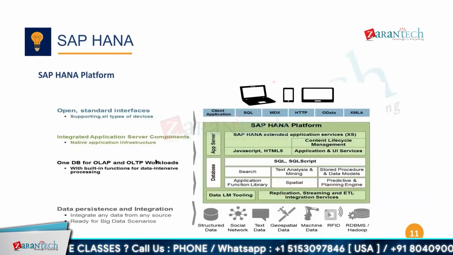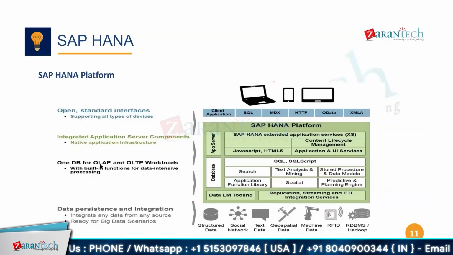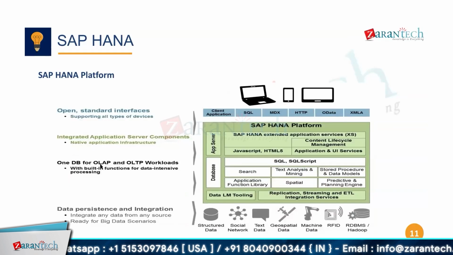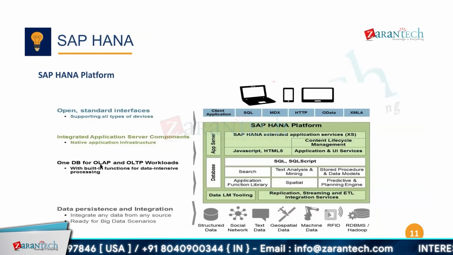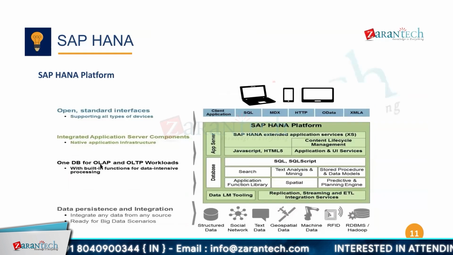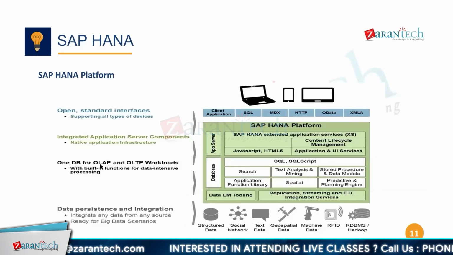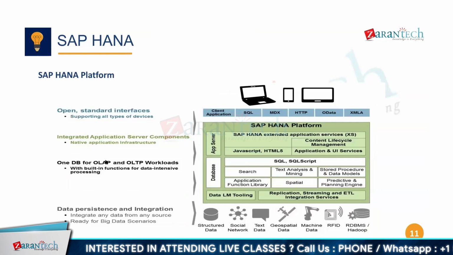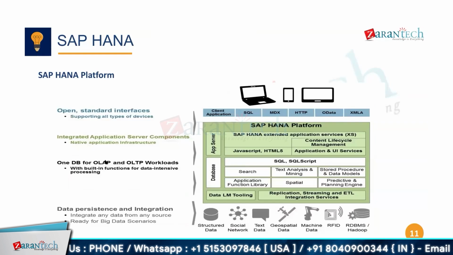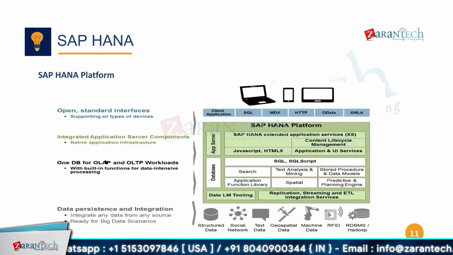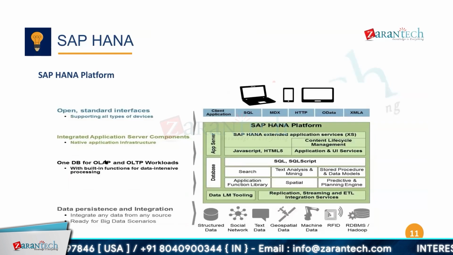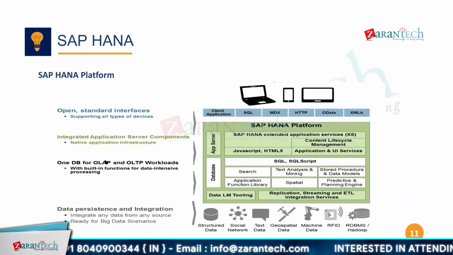One DB for OLAP and OLTP workloads, with built-in functions for data-intensive processing. Do you know OLAP and OLTP? Which is nothing but row store and column store. OLTP means transaction-based mechanisms. An ERP system is a transaction-based system, which means there is a lot of reading and writing, inserting, deleting, updating in your OLTP. So it is a transaction-based system where writing is more important.